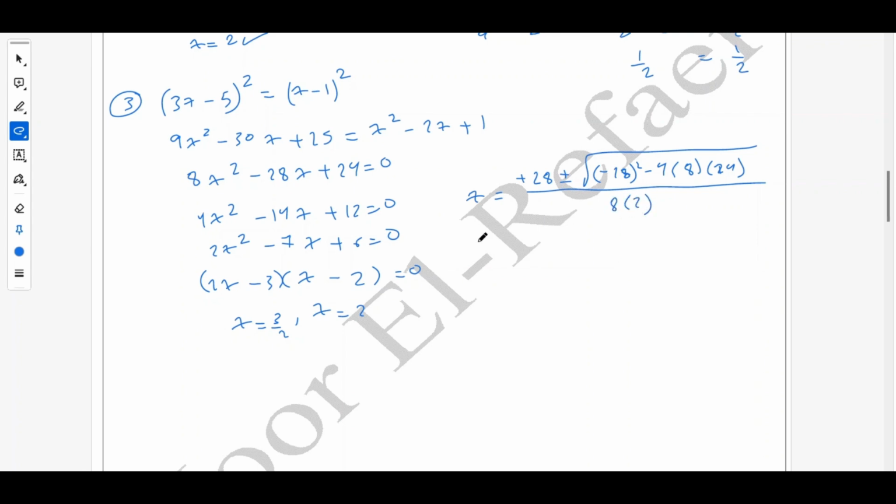You have to show the examiner using the general formula if you don't know how to use factorization, because this is M1. This is a mathematical step. I hope the three ways are clear.